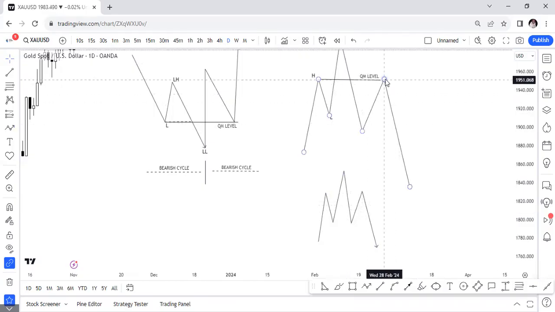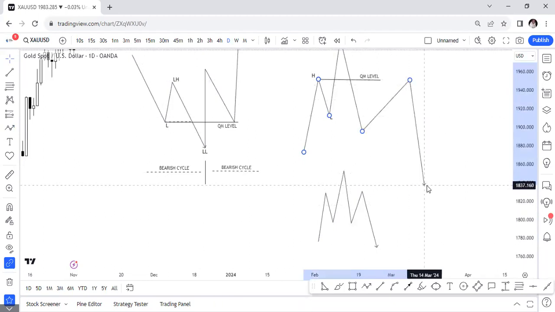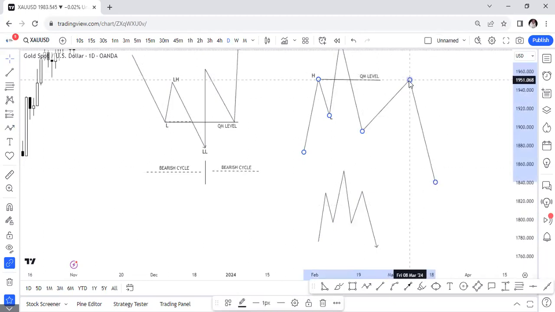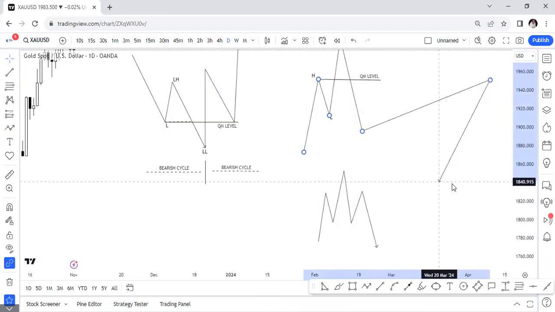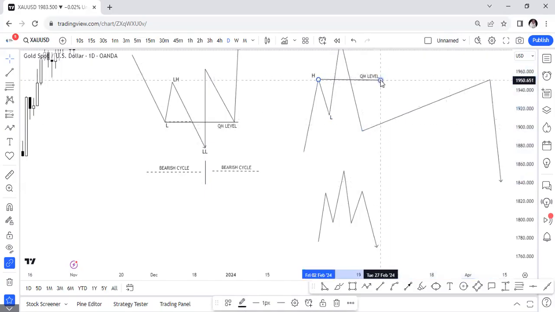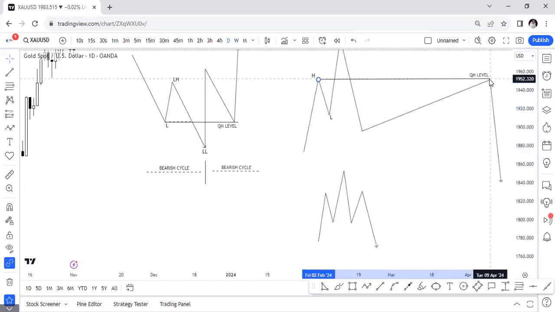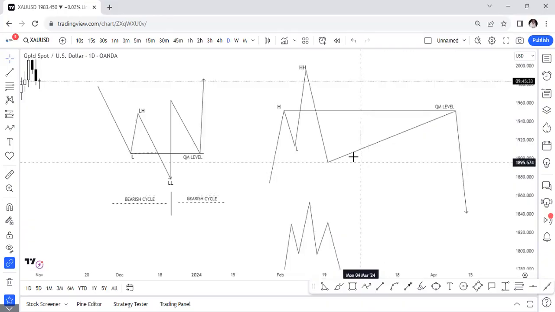But on Quasimodo, it doesn't have to be equal. This could go as far as this distance away from the peak. You'll see it when we get into the trade chart. It could go as far as this and it's still Quasimodo.